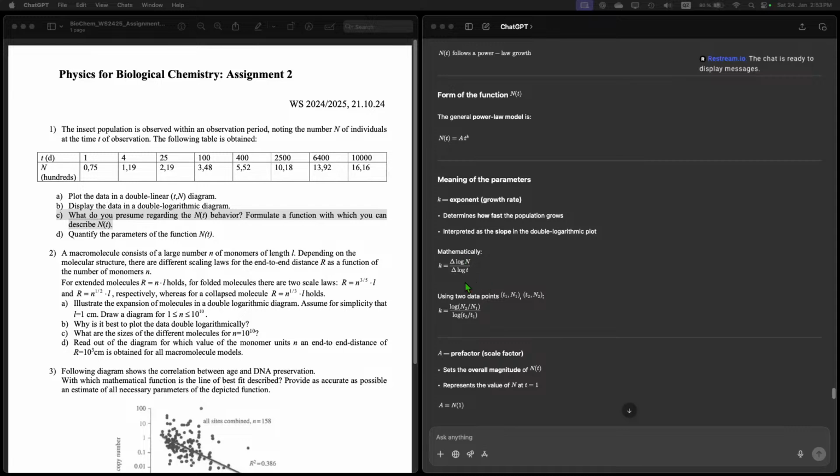Mathematically, it is the change in log of N, but using data points, how does delta log of N result in n2 by n1? Oh, okay, yeah, I know this.